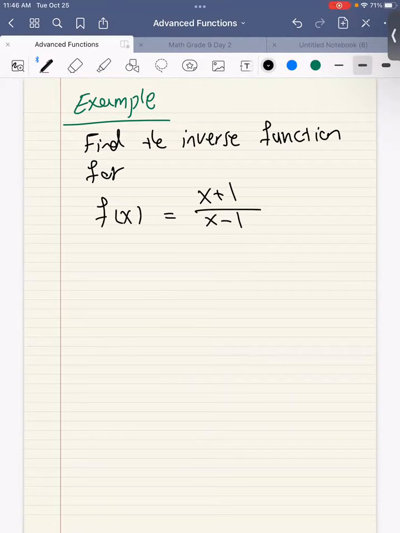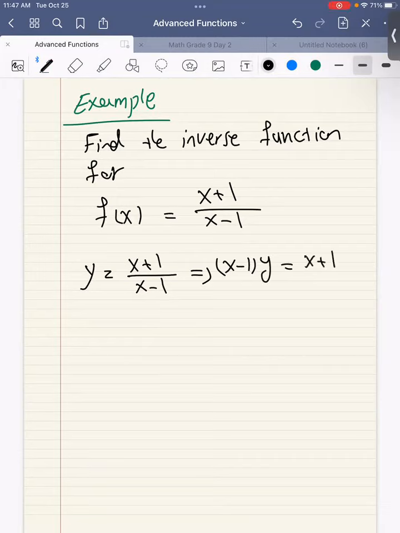For this type of question, what we usually do is begin by saying y is equal to x plus 1 over x minus 1, and we try to solve for x. We try to find x in terms of y. So that means x minus 1 times y is equal to x plus 1.